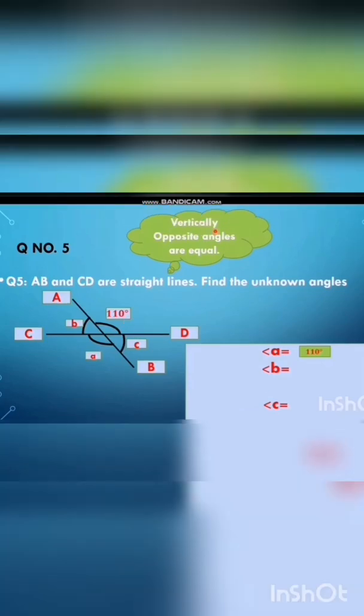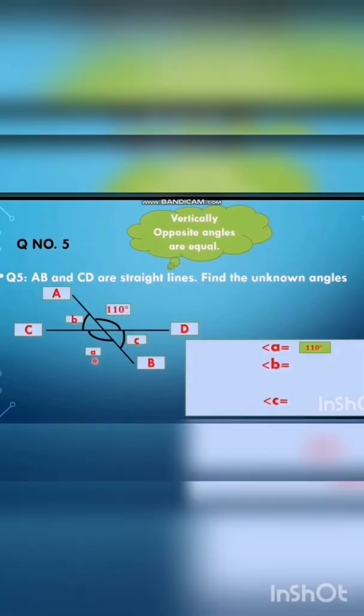Angle A is equal to 110 degrees because vertically opposite angles are equal. These two angles are opposite to each other. Now angle B is equal to 180 minus 110 degrees. We get 70 degrees.